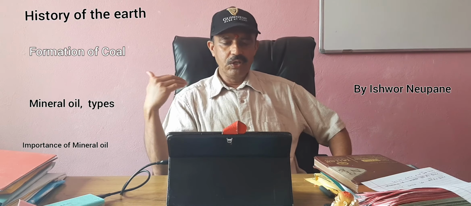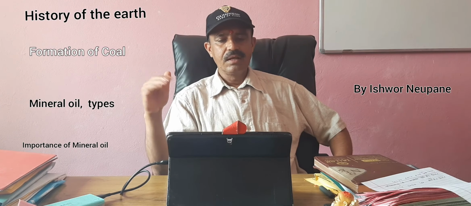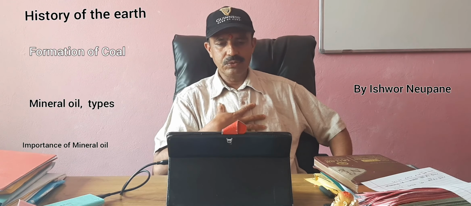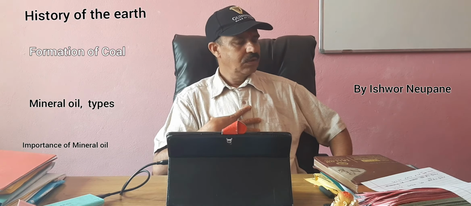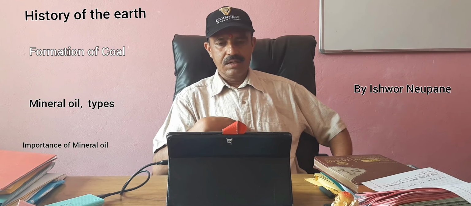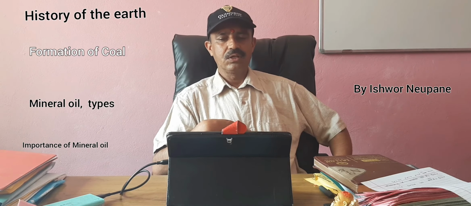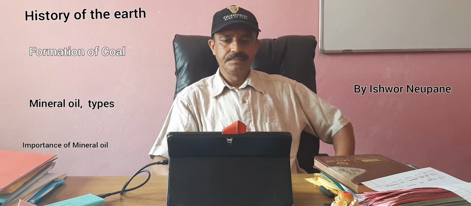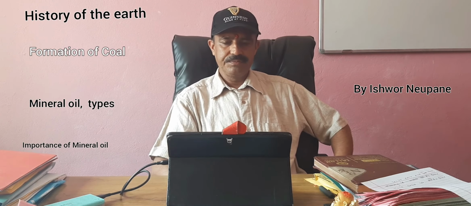We discussed eon, era, period, epoch, and we belong to the Holocene epoch. And which period? Quaternary period, right? Cenozoic era, Phanerozoic eon. Remember these things, because this is the important one, isn't it?